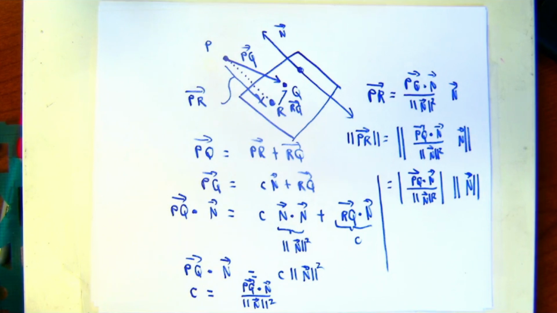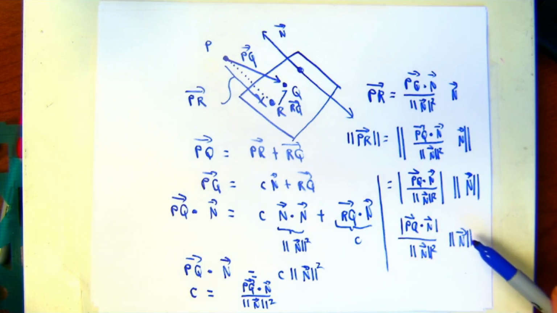The bottom of the fraction is already positive, so to take the absolute value of the fraction, I'll just stick absolute value signs on the top. And lastly, I can cancel out one factor of the length of the n vector and get my final result.